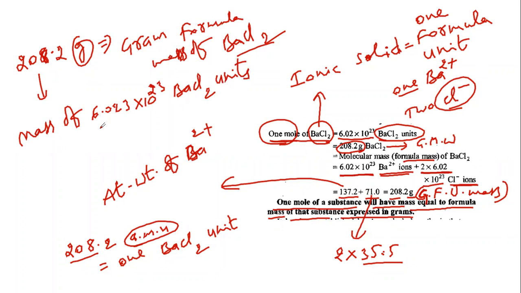So mass of Avogadro number of barium chloride units equals 208.2 grams. But 208.2 AMU is what now? A single BaCl2 formula unit. Is the difference clear between 208 grams and 208 AMU? AMU means for single particle. Grams means Avogadro number of particles, means 1 mole of particles. Up to this clear now?